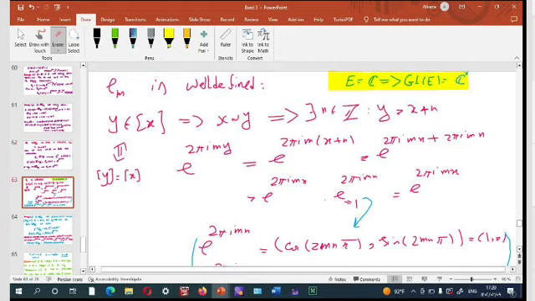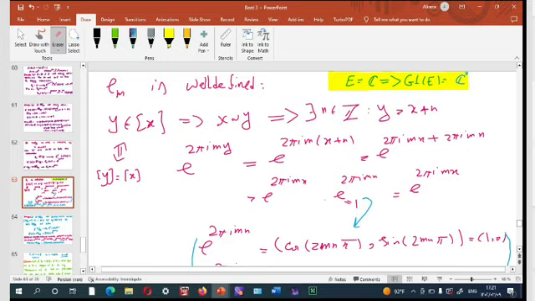If y belongs to this class, x must be in relation with y, so there exists an integer n such that y equals x plus n. So e to the power of 2 pi i m y equals e to the power of 2 pi i m (x plus n), because y equals x plus n.